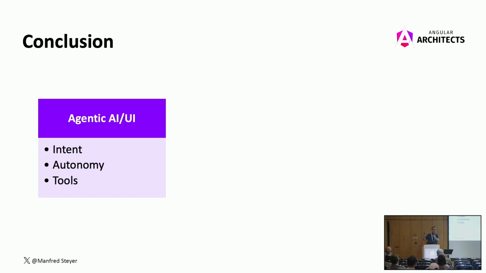Sometimes it might be a chat, sometimes it might be something completely different. And even when it's a chat, there are several possibilities up to co-creation, where the real result happens in the main window, and the chat is just one possibility to trigger actions there. It's about autonomy, and it's about tool calling. Client-side tools, but also server-side tools.